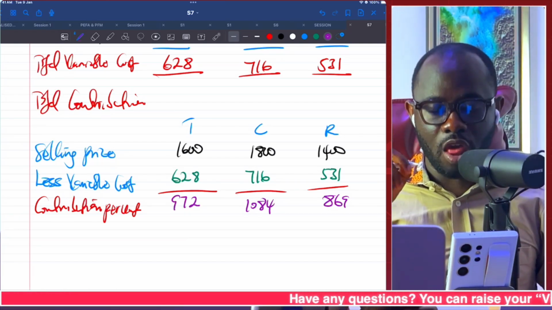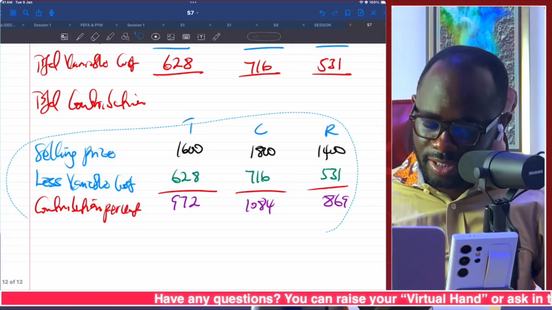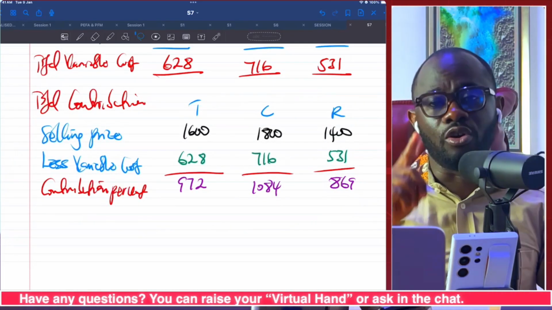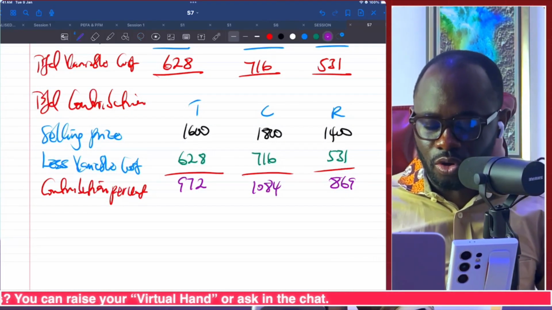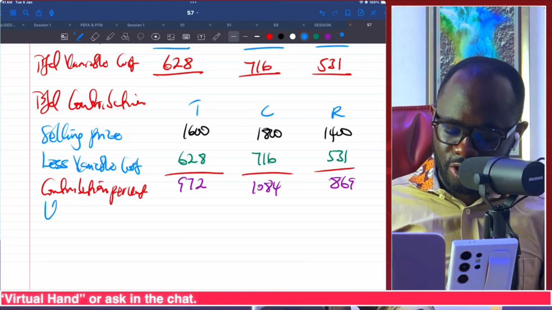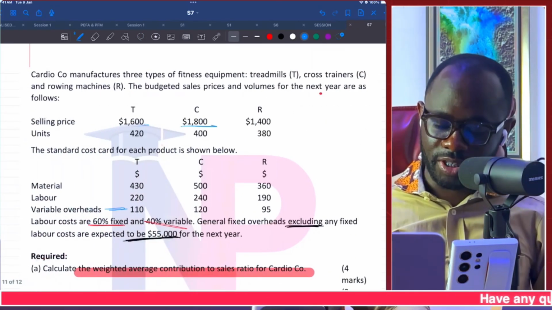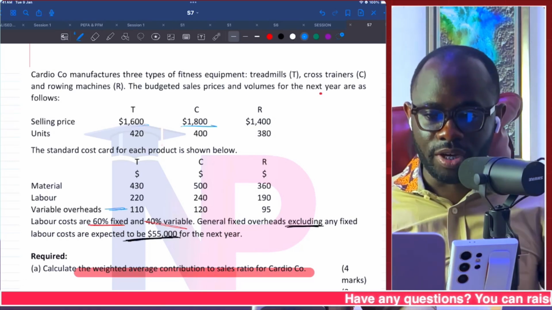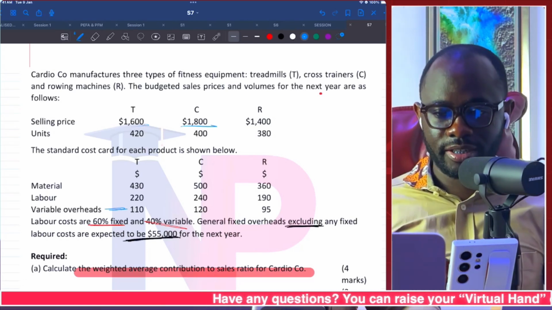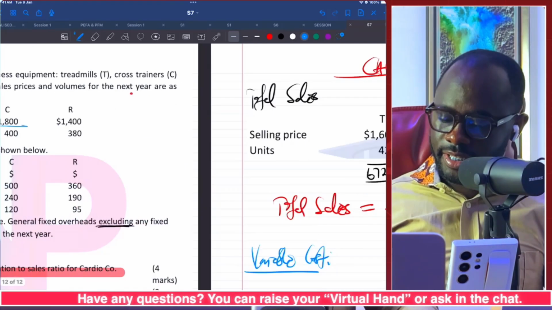But we are interested in total contribution, not contribution per unit. So we now bring in the units as given in the question respectively: 420, 400, 380.